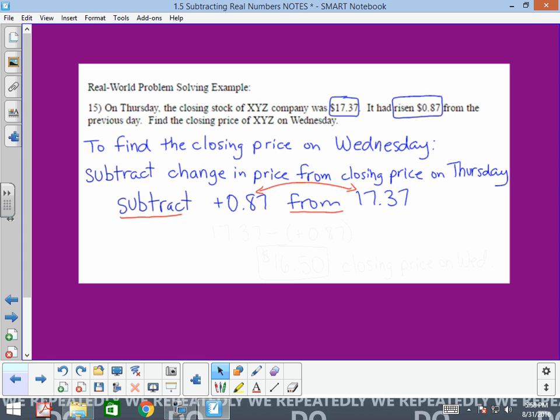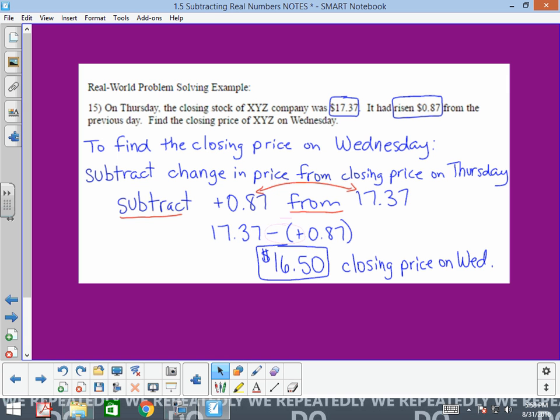So this will end up being 17.37 minus, that's the subtract part, subtract from, we had to switch the order, positive 0.87. So we're subtracting a positive, which means we're actually just subtracting. And so we get $16.50 is the closing price on Wednesday.